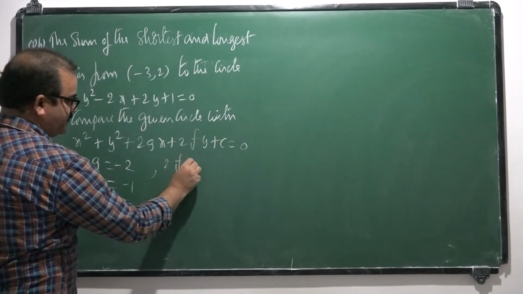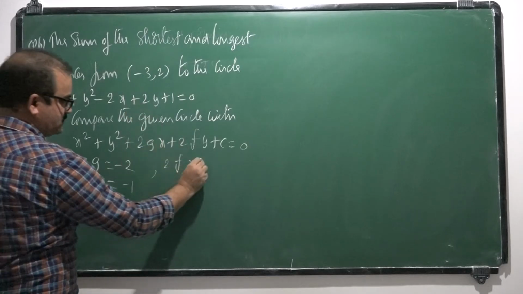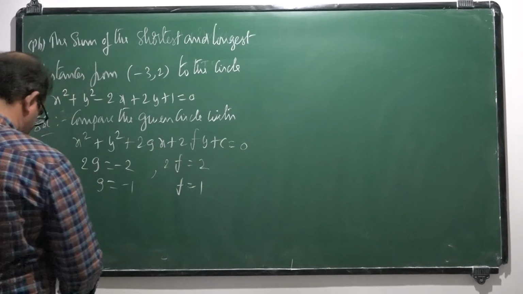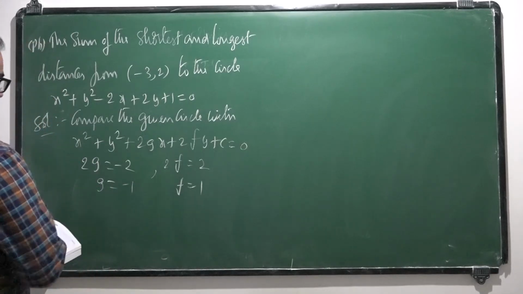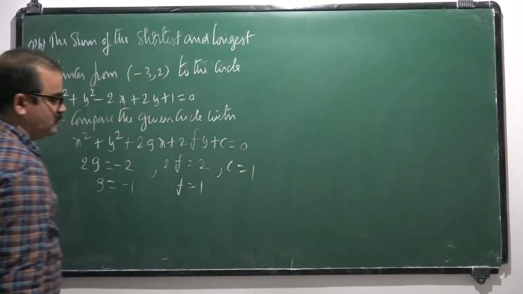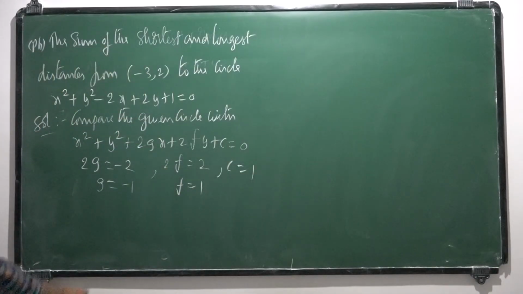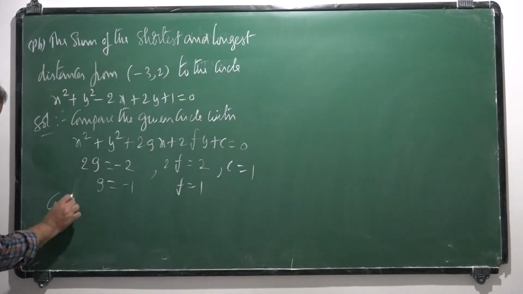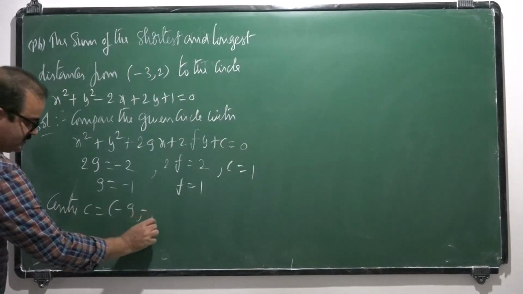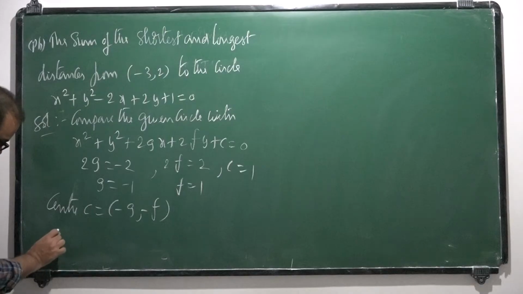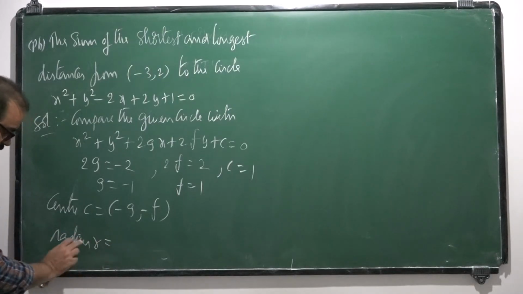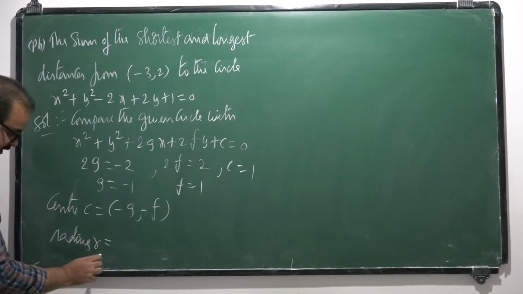Next, compare the y coefficient. 2f is equal to 2. f is equal to 1. Next, the constant term. c is equal to 1. The center is (-g, -f). The radius R is equal to, what is the formula to find the radius R?